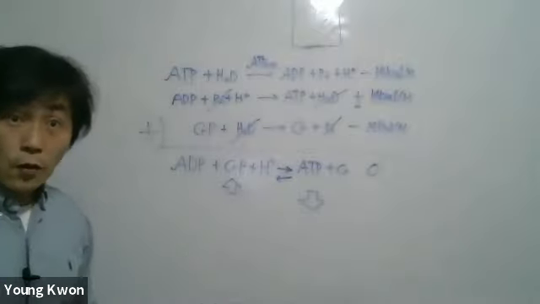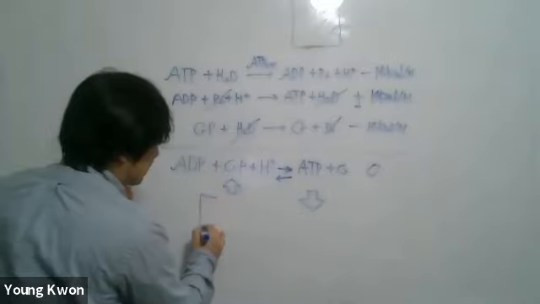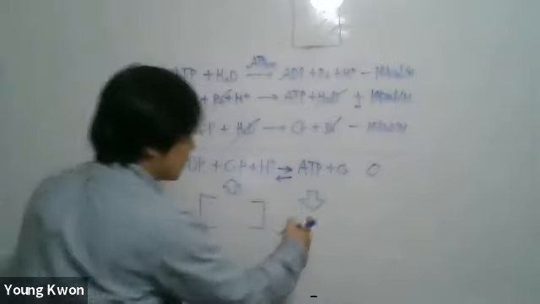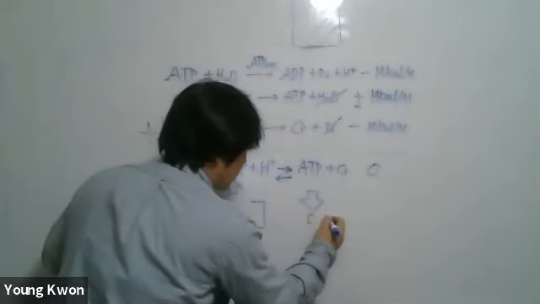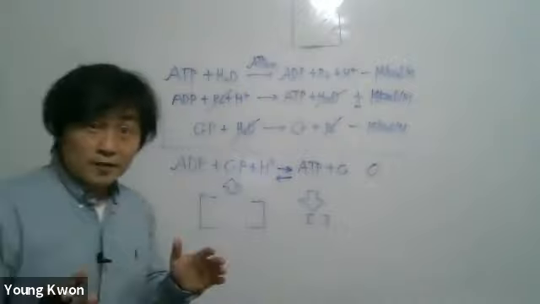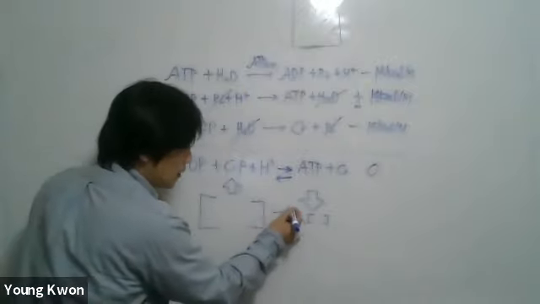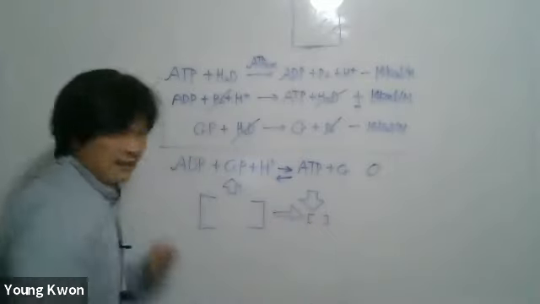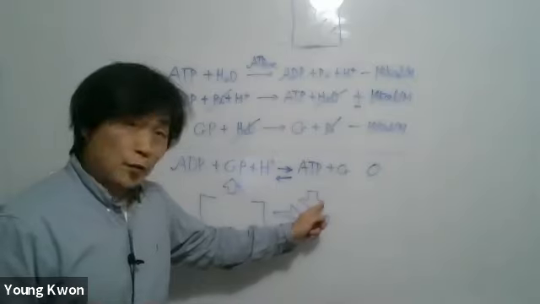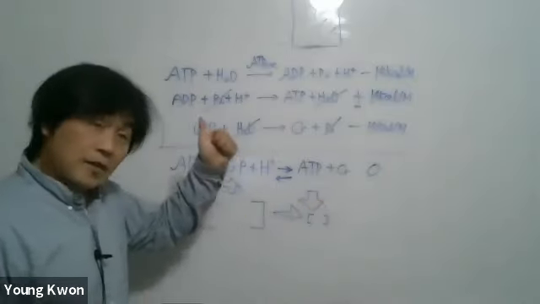Does this make sense? So if you just start exercise, this concentration is bigger than before, and this concentration is smaller. So the directionality of this reaction goes this way. If you start exercise, ATP concentration decreases and ADP and proton concentration increase.